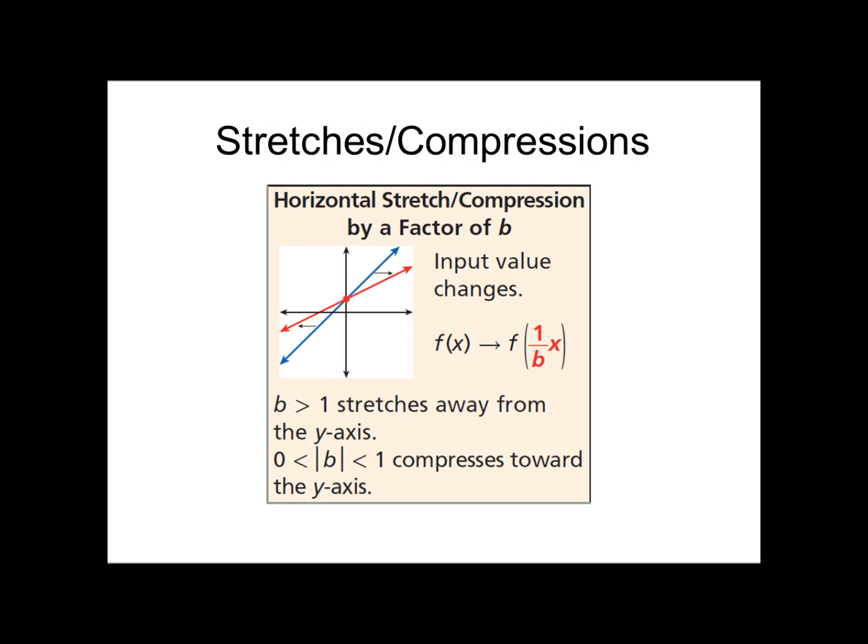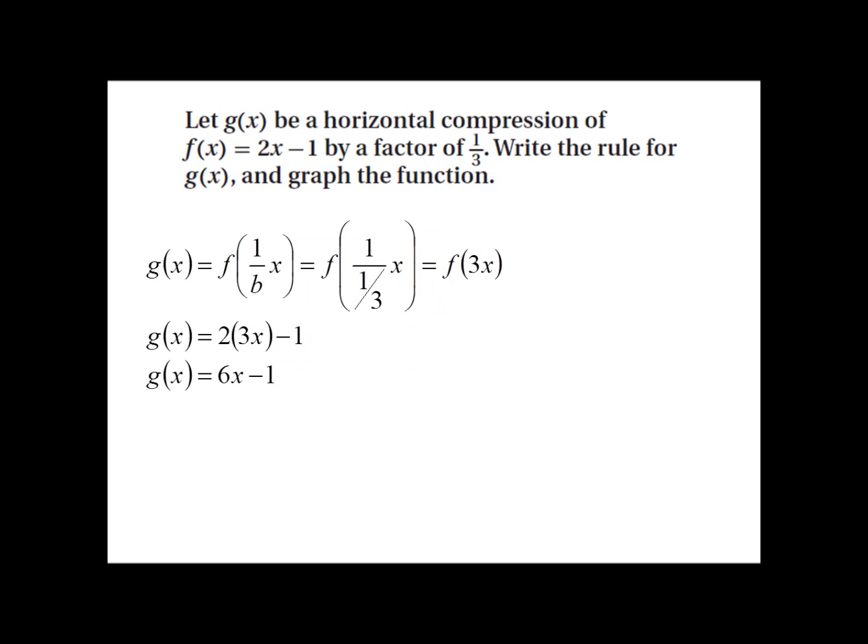So we're going to take 1 over, and that b value is the 1/3. So really, what we're doing is inside with the x, we're going to multiply by 3. So inside with the x, we put a 3, so we have 2 times 3x minus 1. So only the x gets multiplied by 3, not the 1 at the end. So g of x equals 6x minus 1.